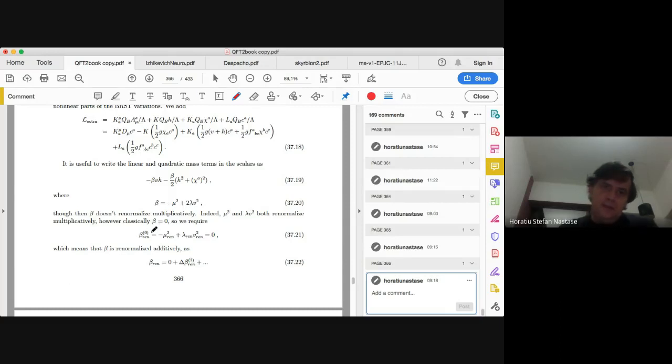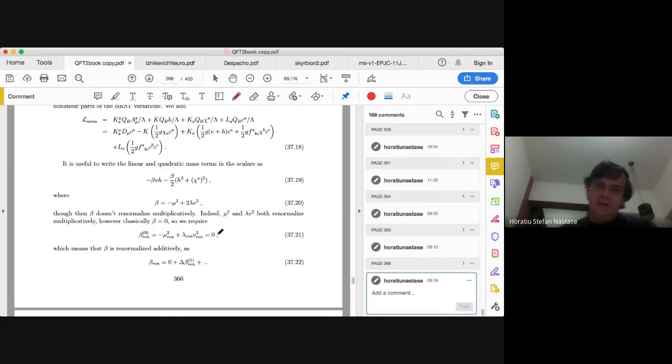So if I write beta renormalized as minus mu squared renormalized plus lambda renormalized v squared renormalized, then classically the mass term cancels this lambda v squared. I mean, that was the point of v. The v was chosen to be mu squared over 2 lambda classically, right?